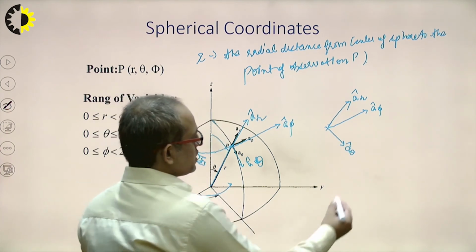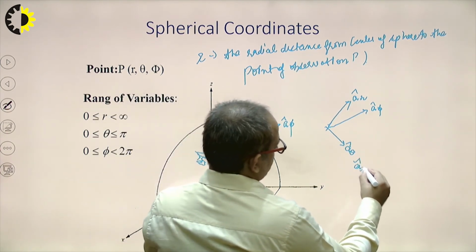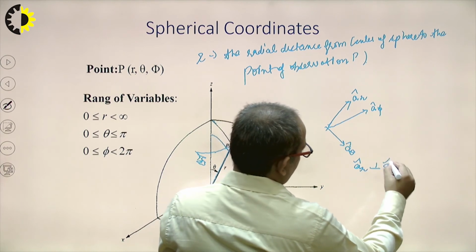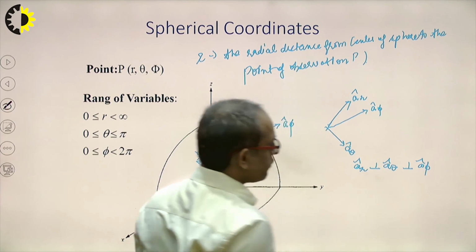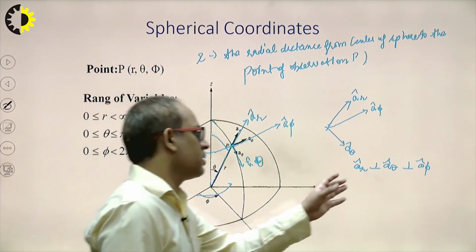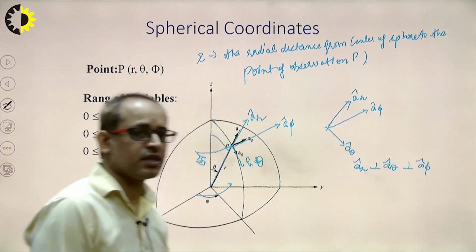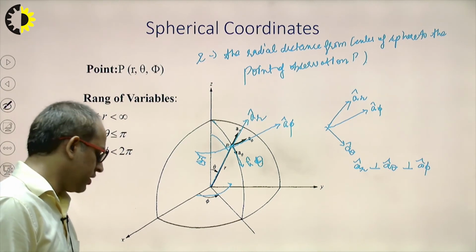Clear? A cap r will be perpendicular to a cap theta, which will be perpendicular to a cap phi.